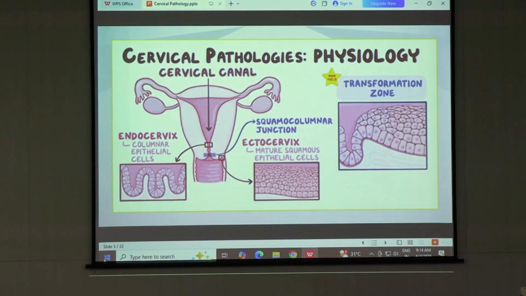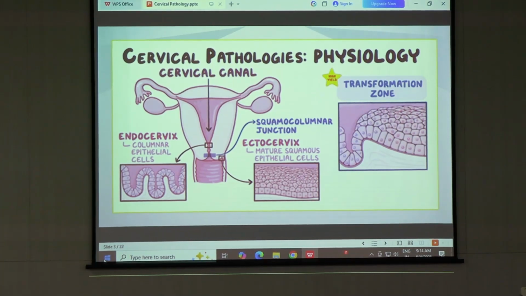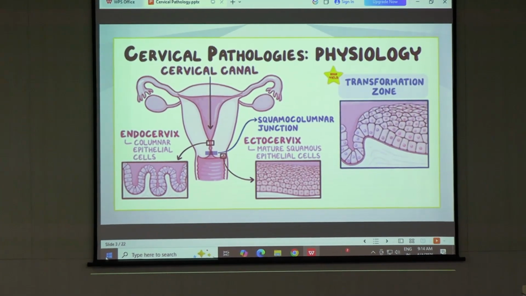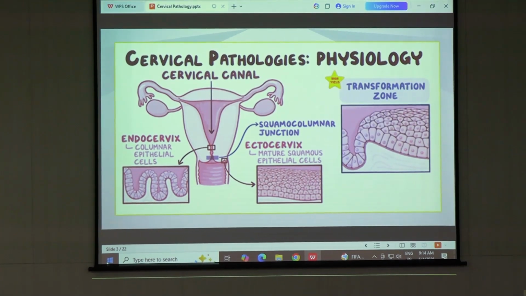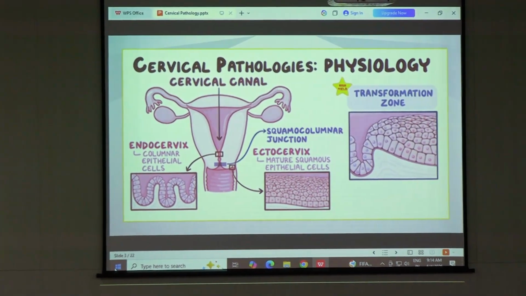This joining part is the transformation zone, and it is the point of very significant importance when we do a pap smear. During collection of the sample, we focus on this part and try to take samples mainly from it. And physiologically, this is also an example of metaplasia.